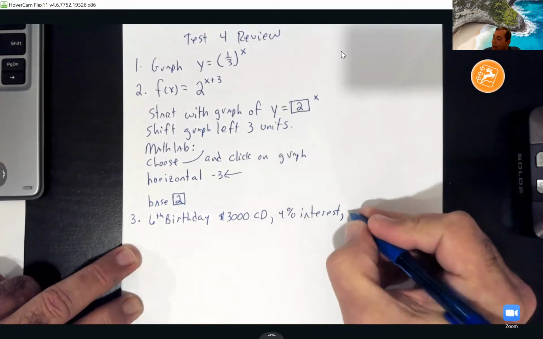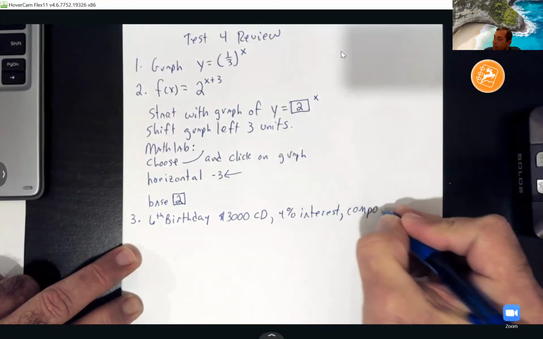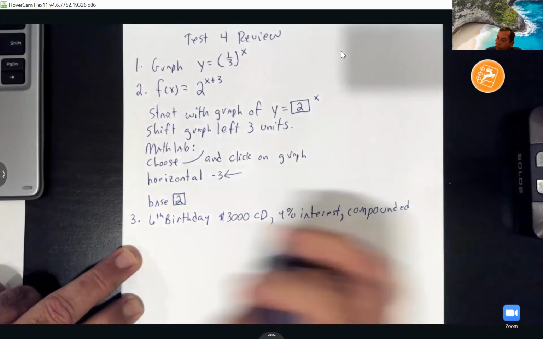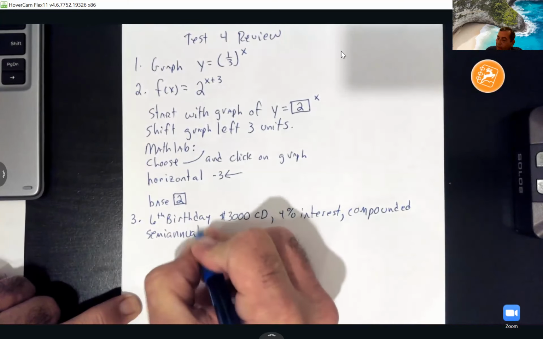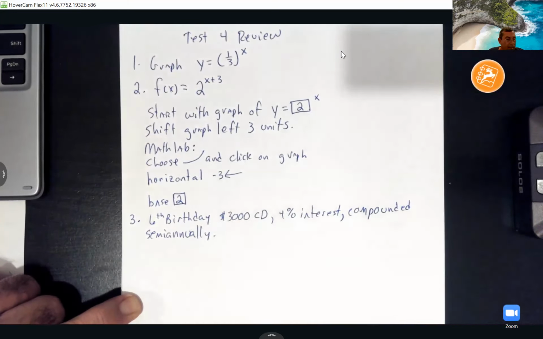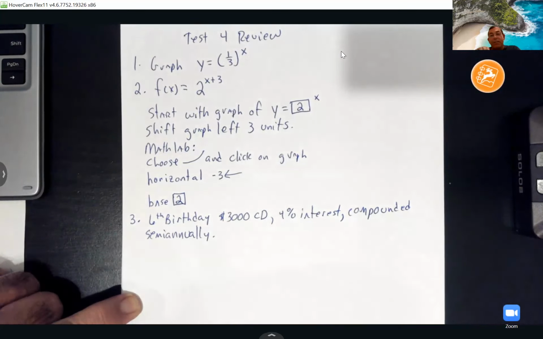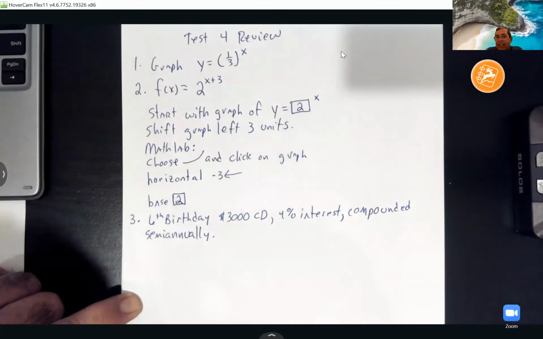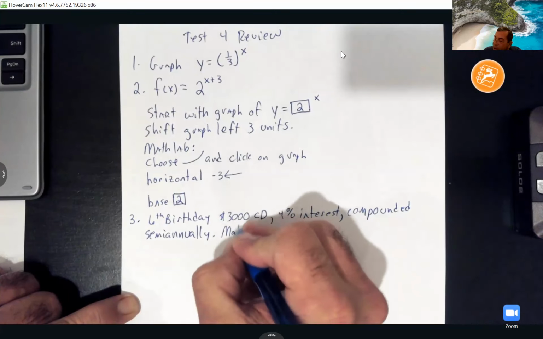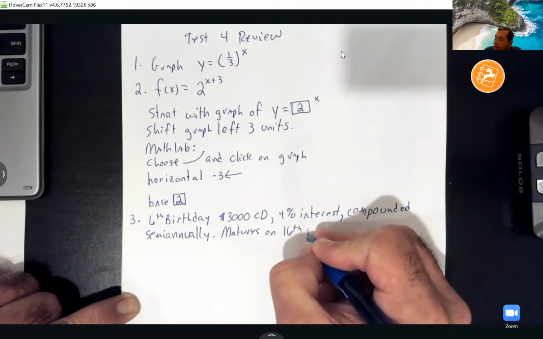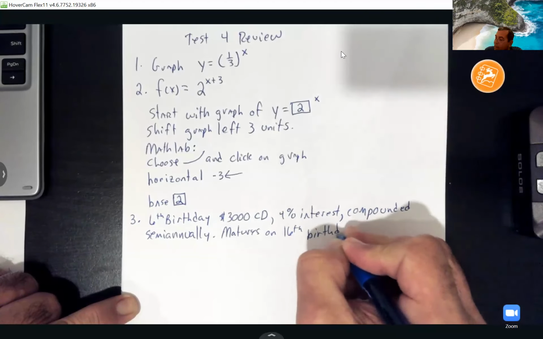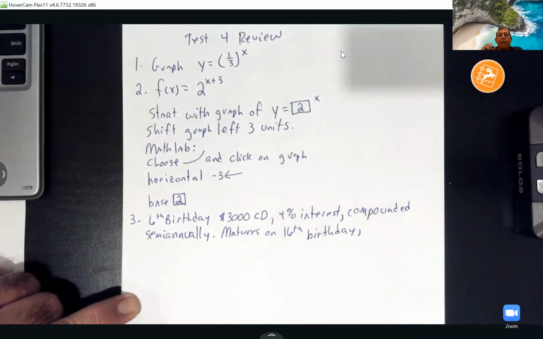And it's compounded semi-annually. So they're saying if this CD matures on the 16th birthday, so it matures on their 16th birthday, they want to know how much money will be available.